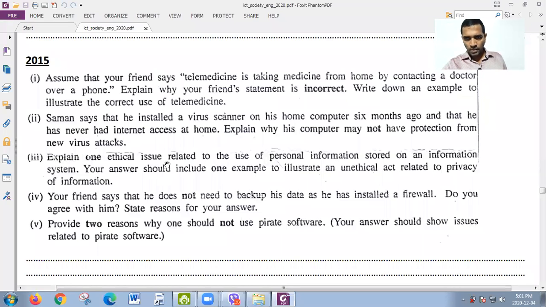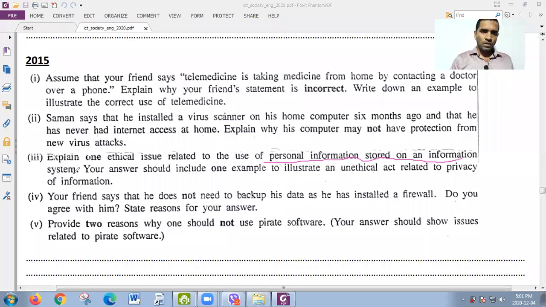Explain one ethical issue related to the use of personal information stored on an information system. Many times similar questions are asked, right? Give importance to this phrase: personal information stored in an information system.